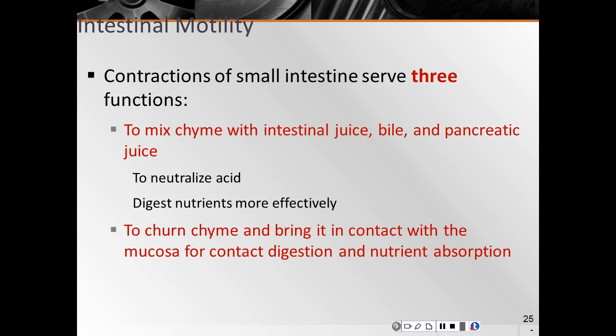Second one, to churn the chyme and bring it in contact with the mucosa for contact digestion and nutrient absorption. And the last function of the small intestine contraction is to move residue toward the large intestine.